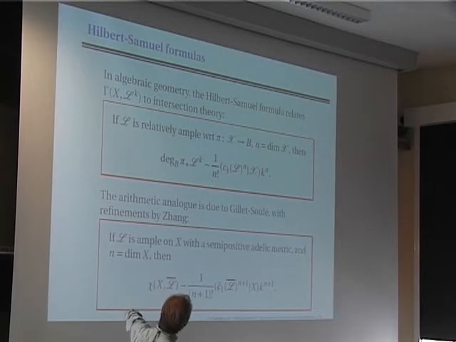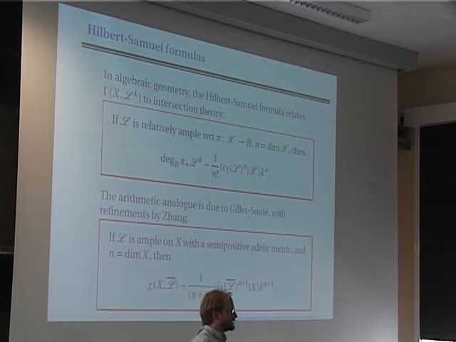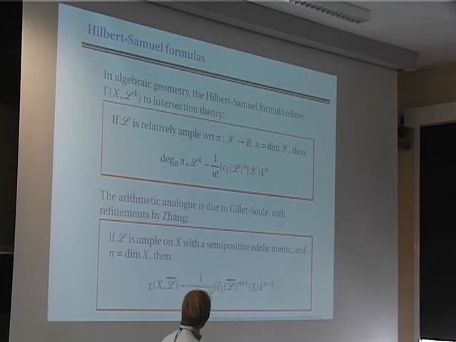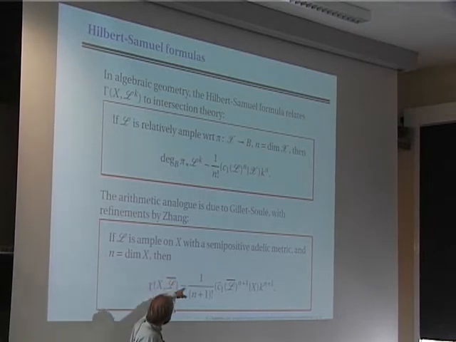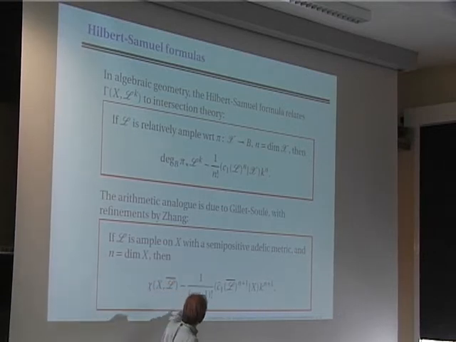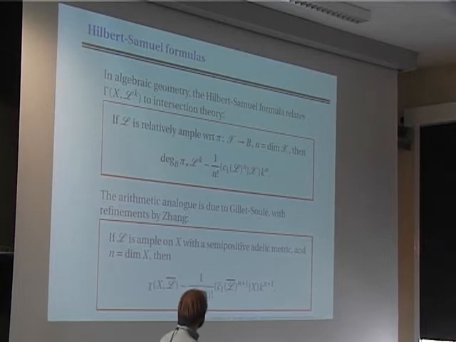In arithmetic geometry, there is a similar statement, due to Gillet-Soulé, but the statement on the slide is due to Zhang, because I have no assumptions on regularity and things like that. It is essentially a simple derivation from Gillet-Soulé's theorem, and it is false because there is a small o of k to the n plus 1 missing here. It says that this number, chi of X, L bar to the k, has an asymptotic expansion, and the leading term is 1 over factorial n plus 1 times c1 hat of L bar to the power n plus 1 against X, times k to the n plus 1.